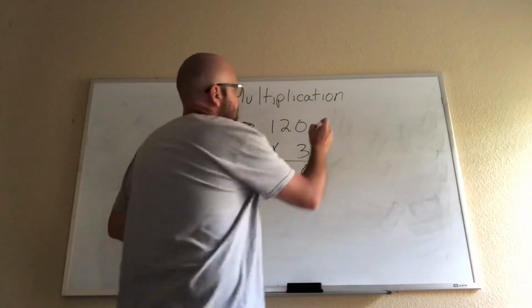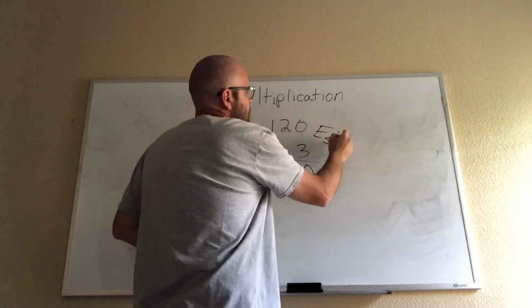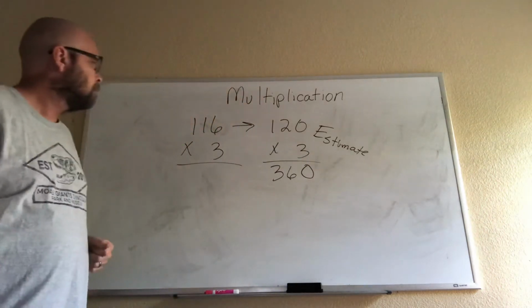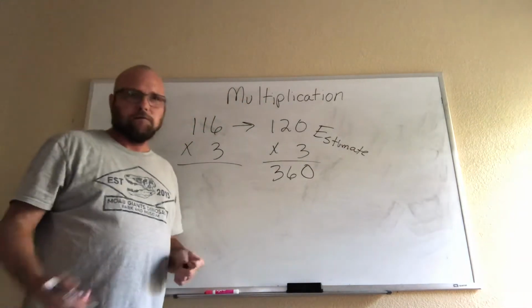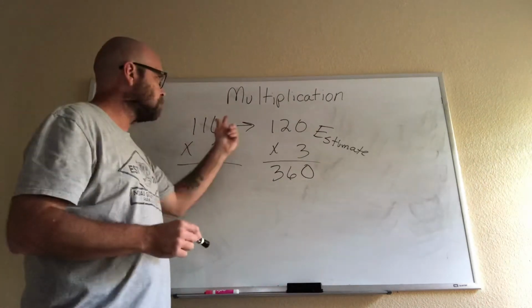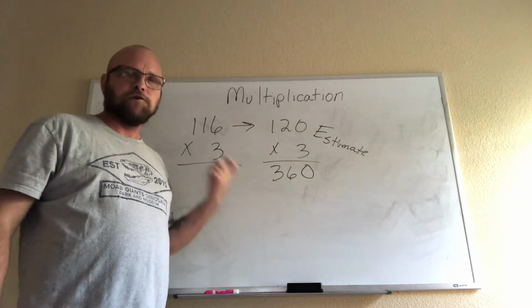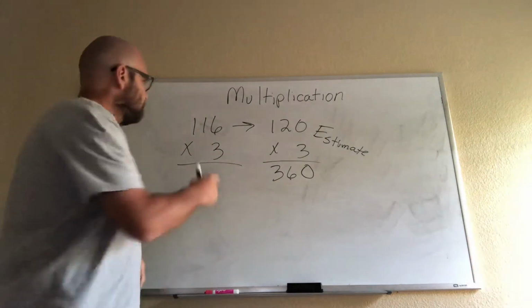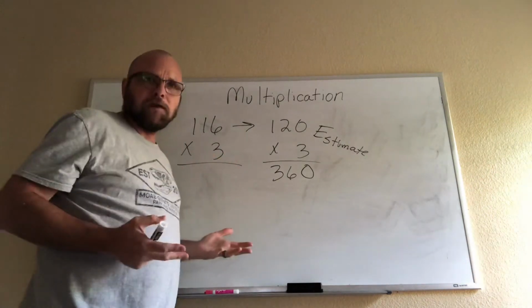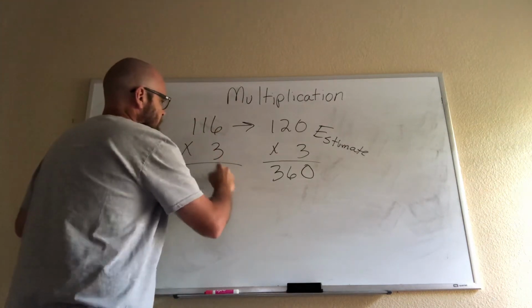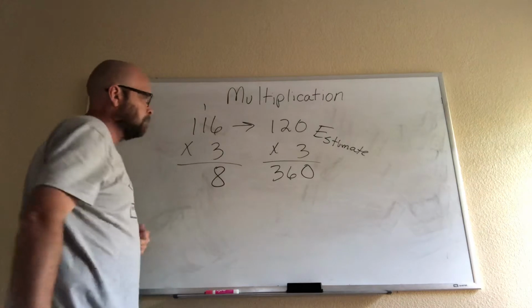So this was my estimate. Now I'm going to find the real answer. And no matter how big your factors are, you're only multiplying one digit at a time to get your final product. So I can look at my multiplication chart, or I can have it memorized. 3 times 6 is 18. Put my 8, bring up my 1.